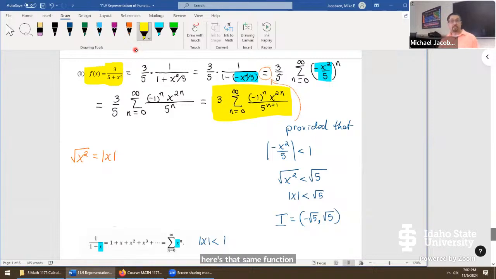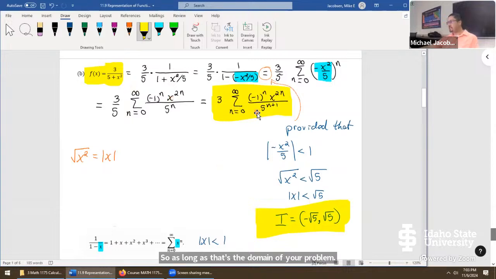It gives the same results. It's easier to work with in a certain sense, but the only downside is you have to specifically be in this domain, or else the whole series diverges. So as long as that's the domain of your problem, that function there is just as good as that function way over here.